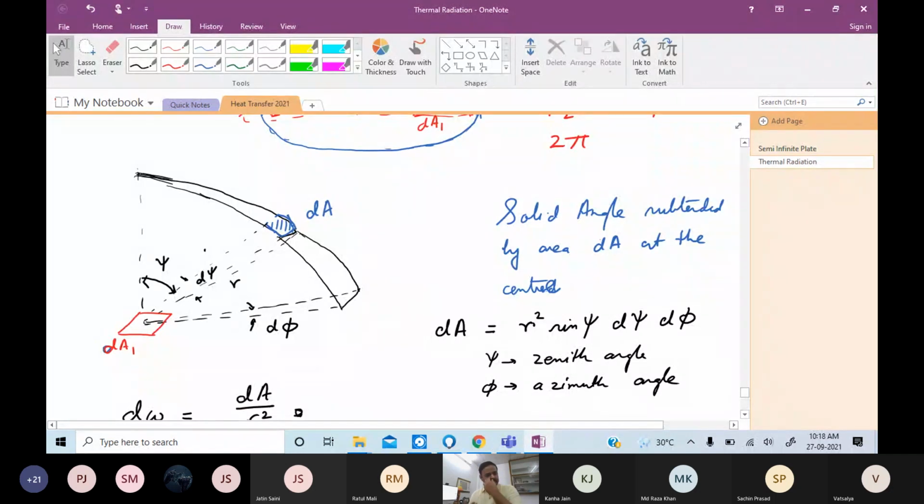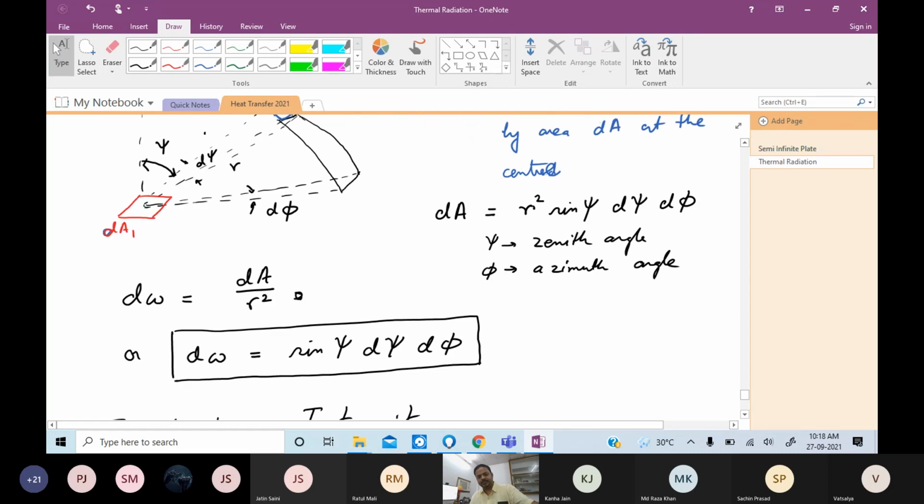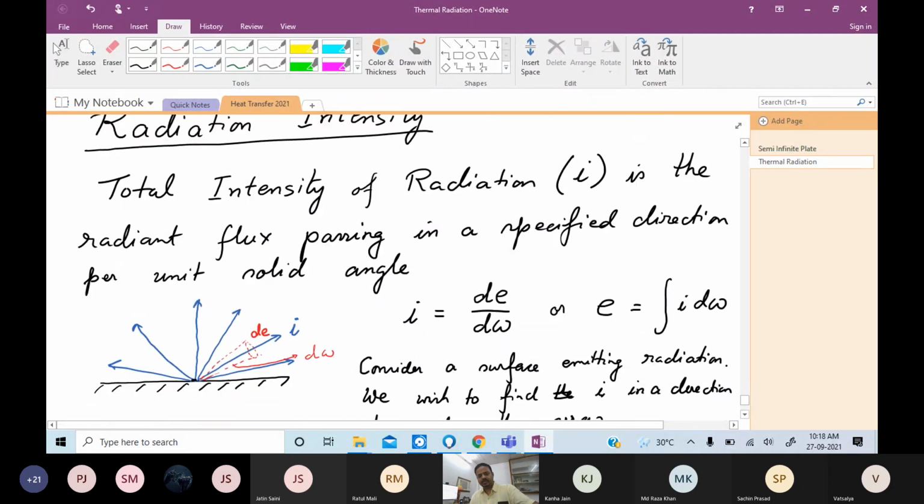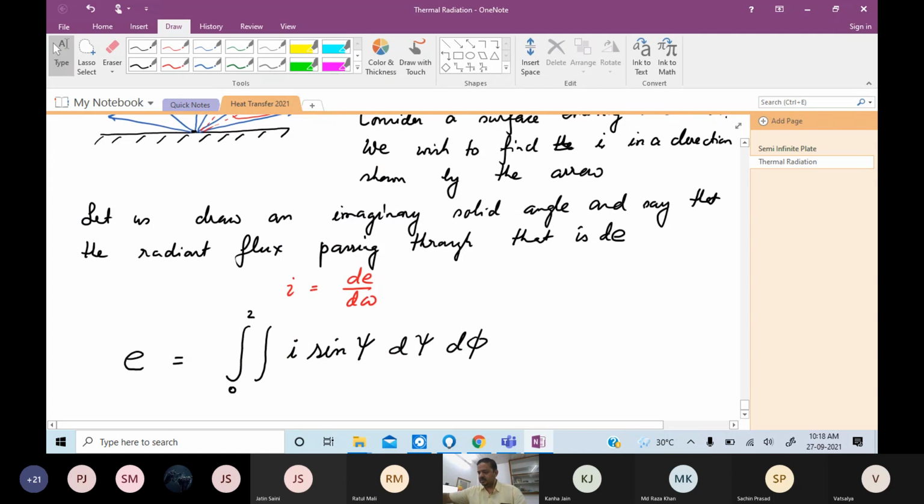So therefore, the limit of psi is 0 to pi by 2. The limit of phi is 0 to 2 pi. So let us write that down. Psi is 0 to pi by 2 and phi is 0 to 2 pi.